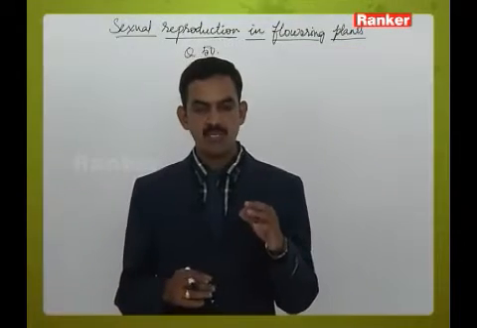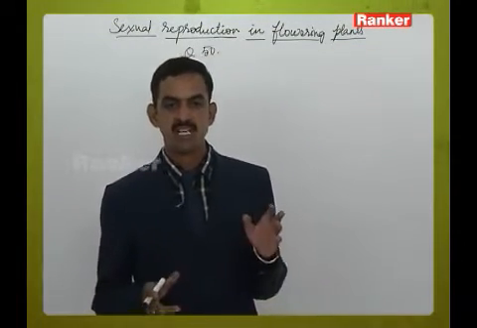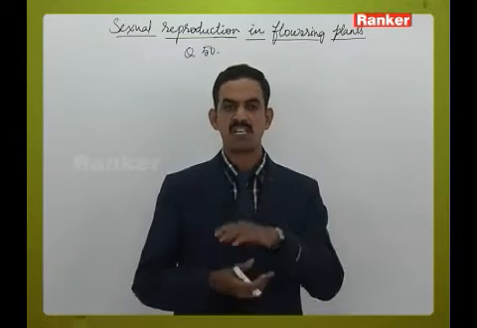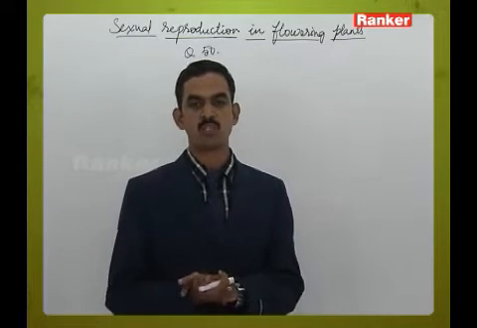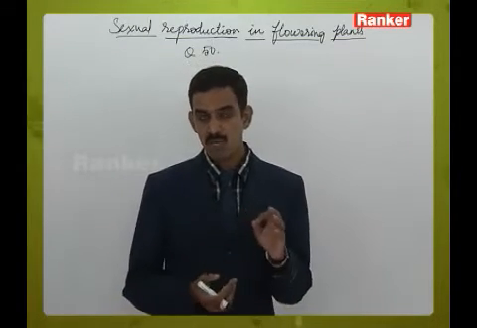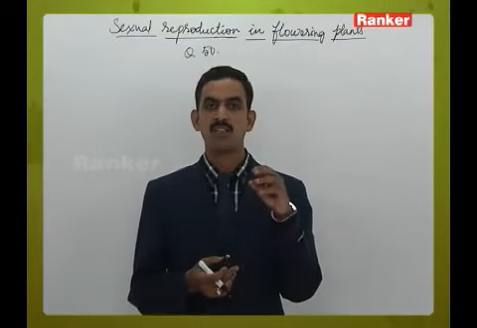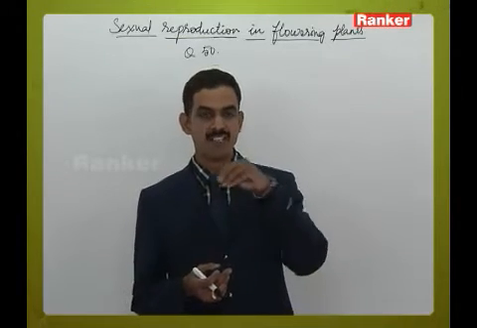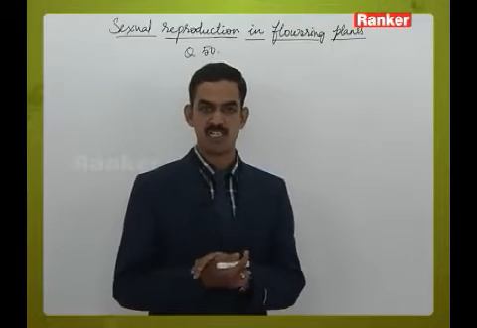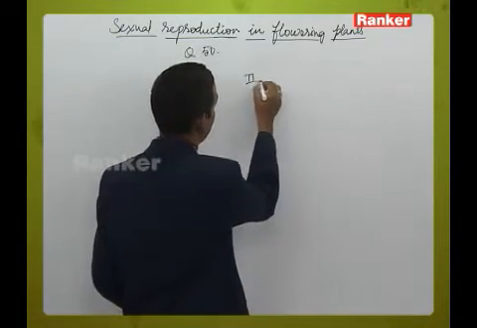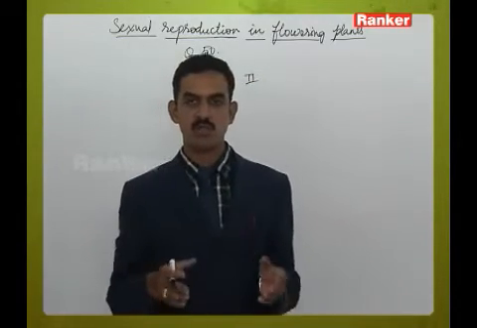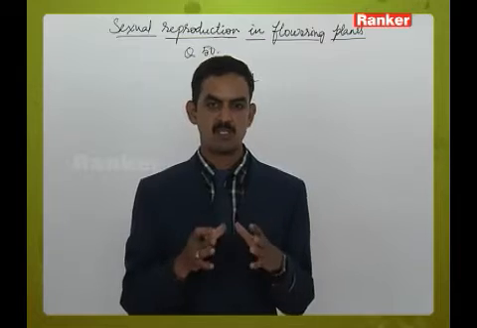From the given 4 statements, the first change taking place is the formation of microsporogenous tissue. What do you mean by the formation of microsporogenous tissue? It means the formation of the cells which give rise to the microspore mother cells. So the formation of microsporogenous tissue is the first option.